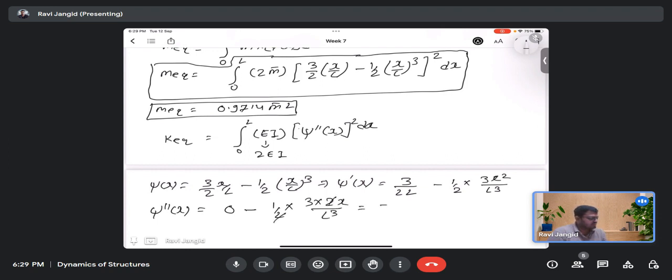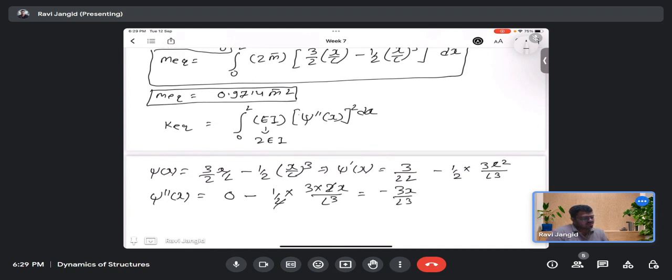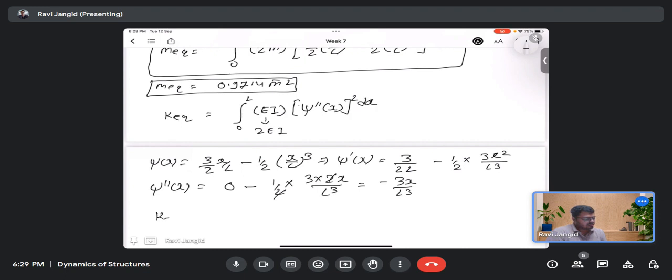So that becomes minus 3x over L³. Now k equivalent, I can find out as integral 0 to L, for the two columns that will be 2EI, double derivative 3x over L³ squared into dx. Can you calculate this? Because this is easier than the previous one.